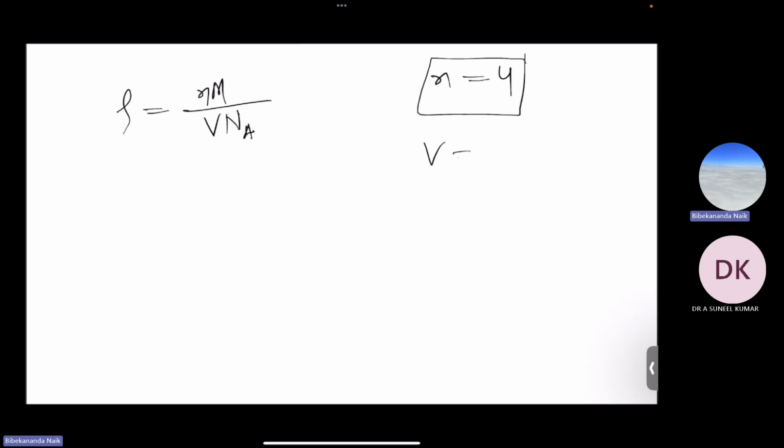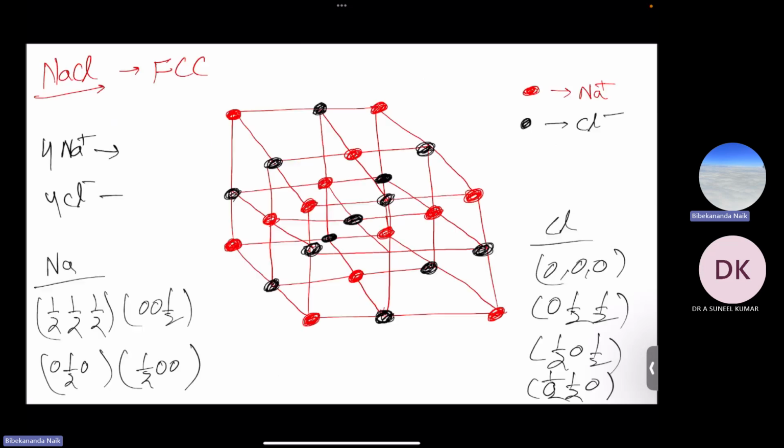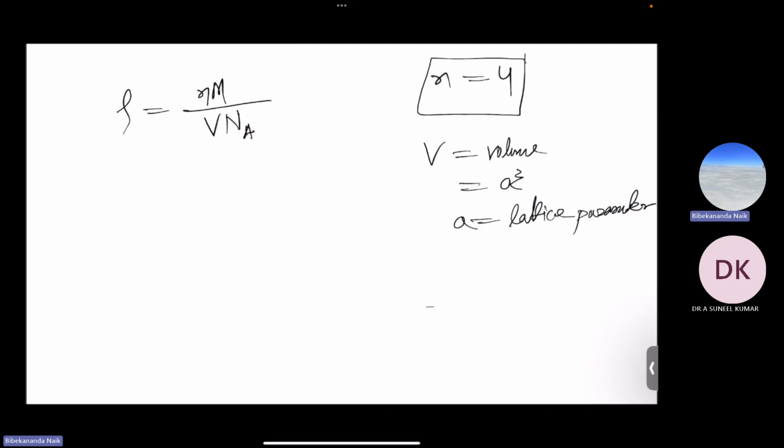and V is volume, and the volume will be A cube. And what is A? A is the lattice parameter, that is the side of the cube. So suppose this is A, and I will draw it linearly.